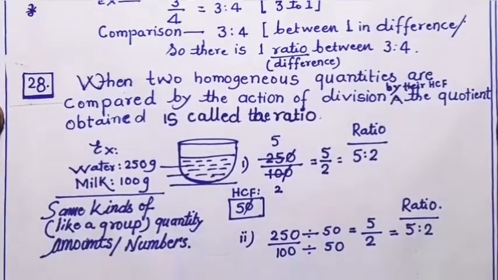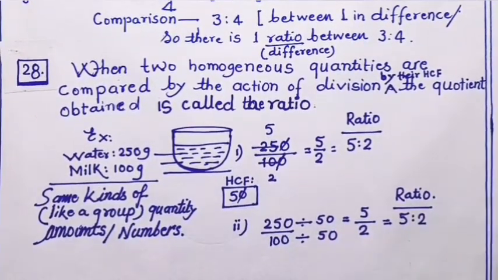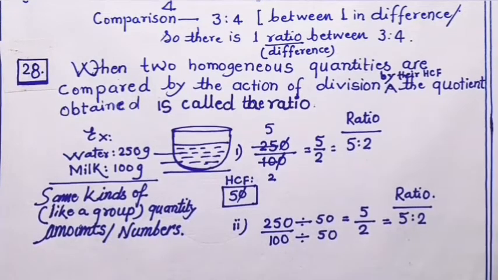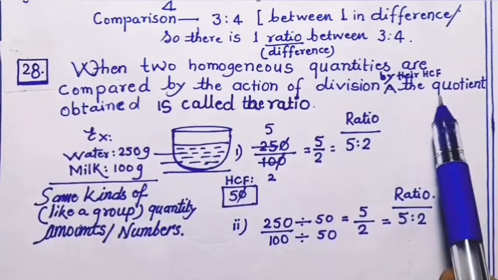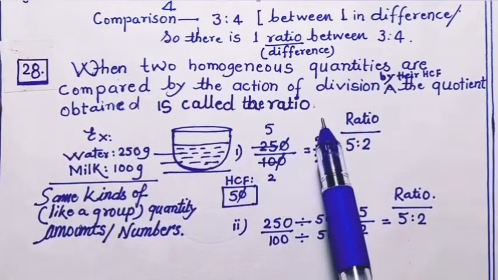Number 28: when two homogeneous quantities are compared by the action of division by their HCF, the quotient obtained is called the ratio.